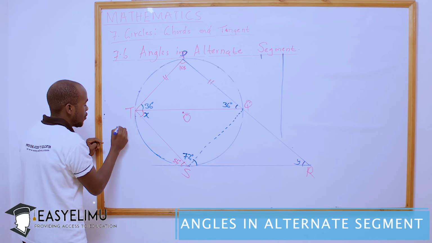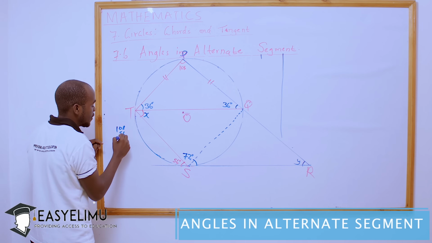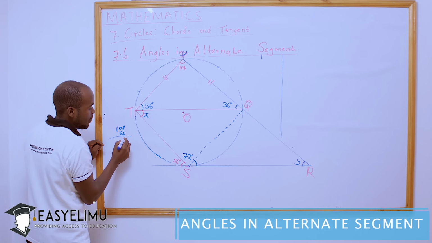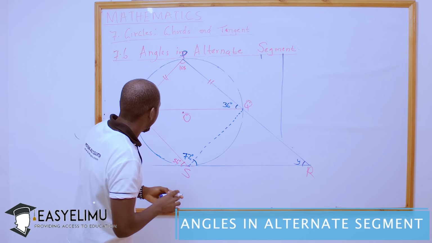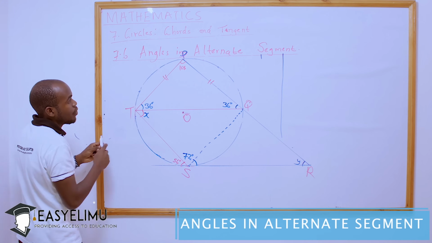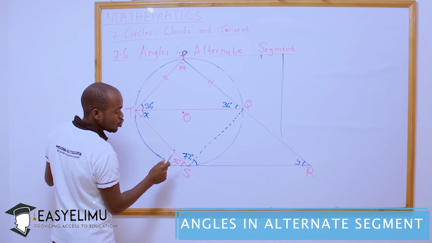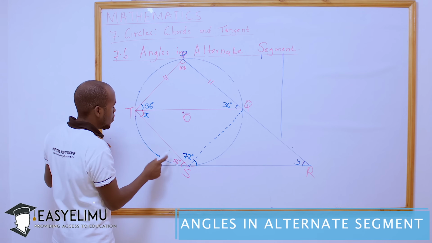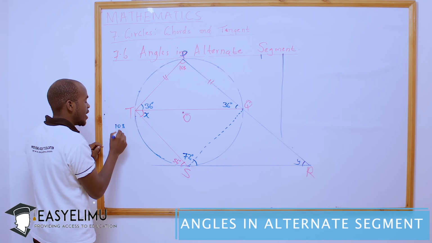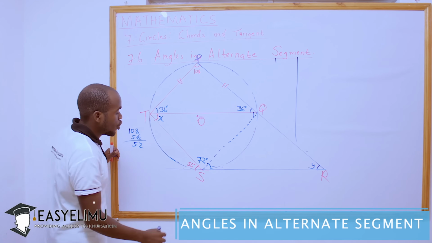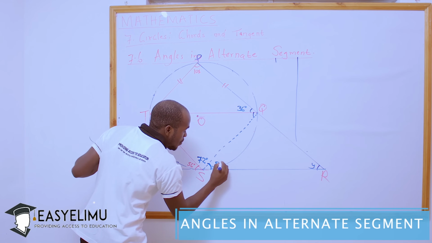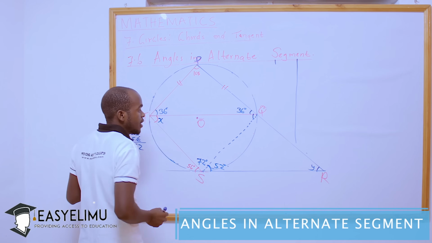Taking 180 minus 72 gives 108, and then 108 minus 56 is going to give us 52. So this angle here will be equal to 52 degrees.